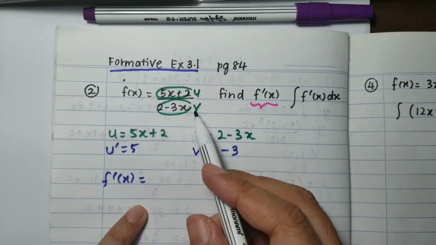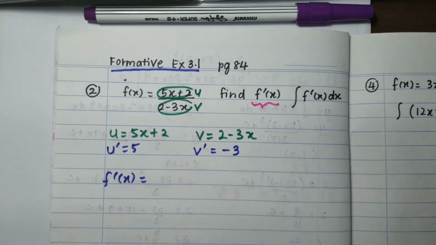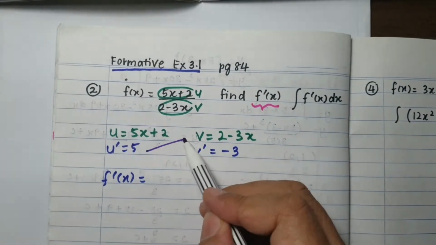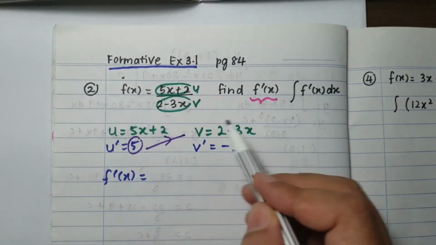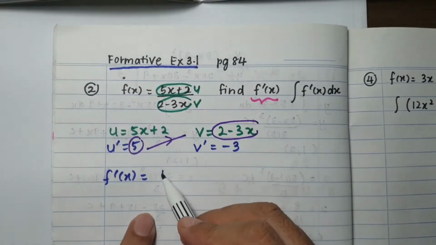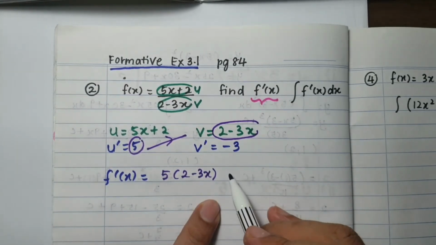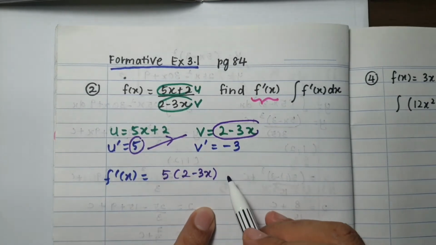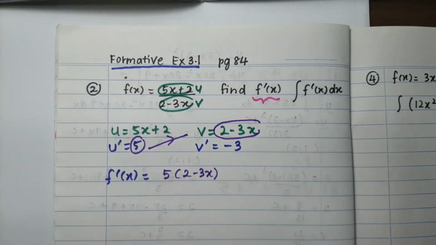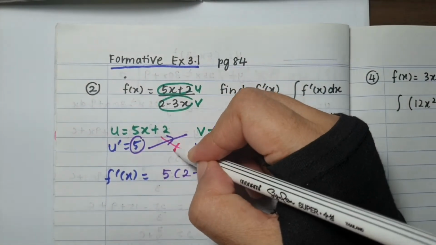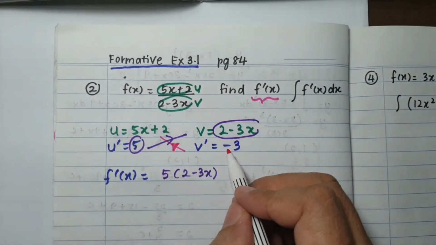Okay, so this is quotient rule, you need to start from here. So copy this and this, so you have 5 times 2 minus 3x, minus, but before you write the minus operation here, let's see whether this side, do you have any negative sign here?